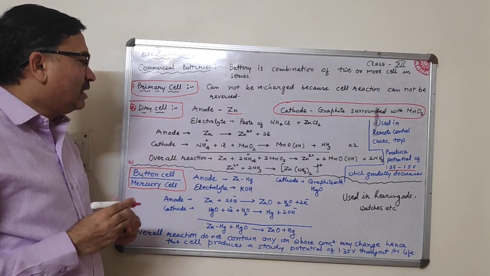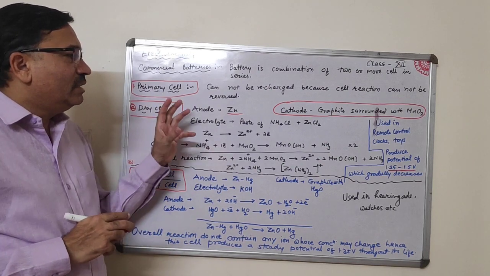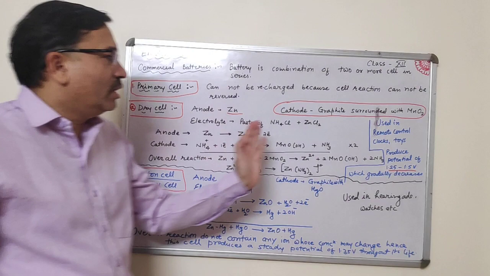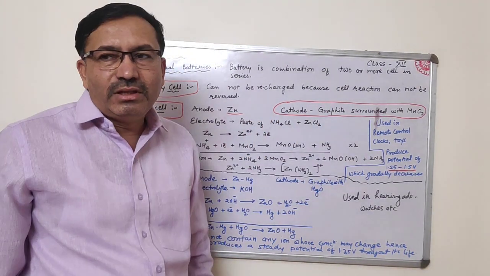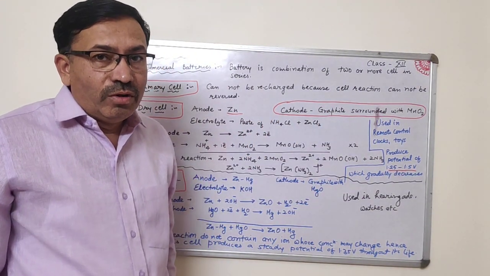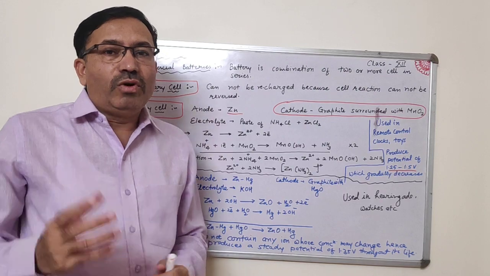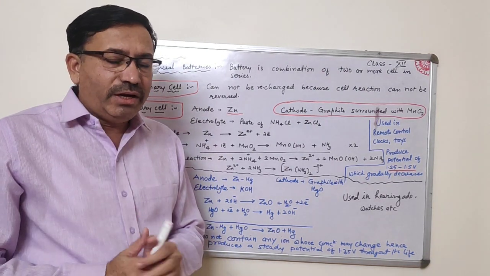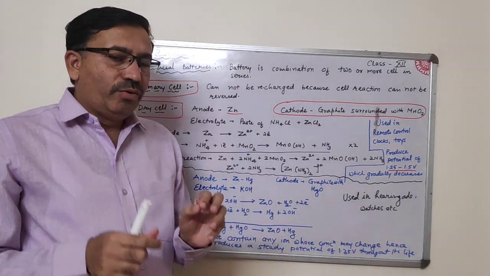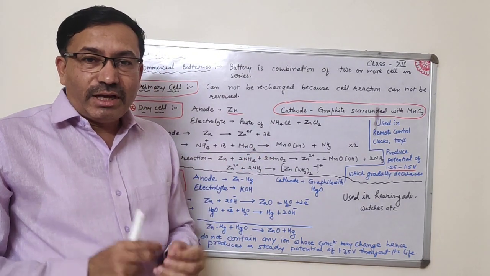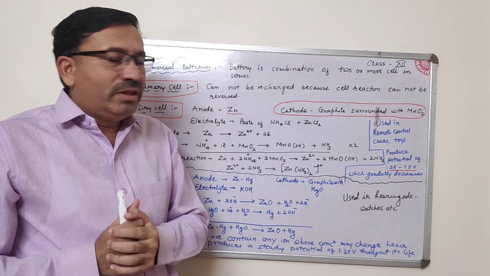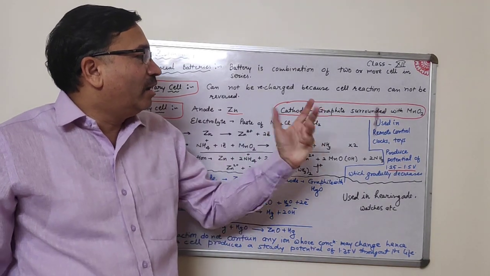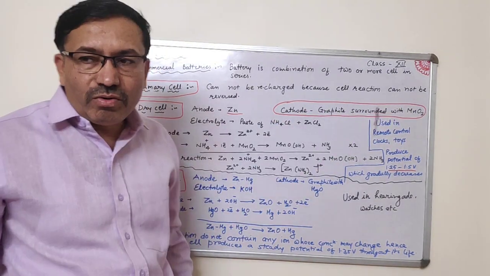So in the dry cell, our anode is zinc and cathode is graphite surrounded with MnO2. Sometimes you all might have broken open a dry cell, and what do you find? You find a black color paste and a black rod. That black rod is graphite and the black color paste is your MnO2.